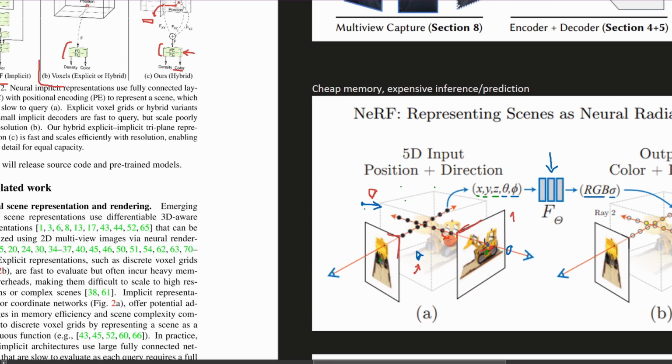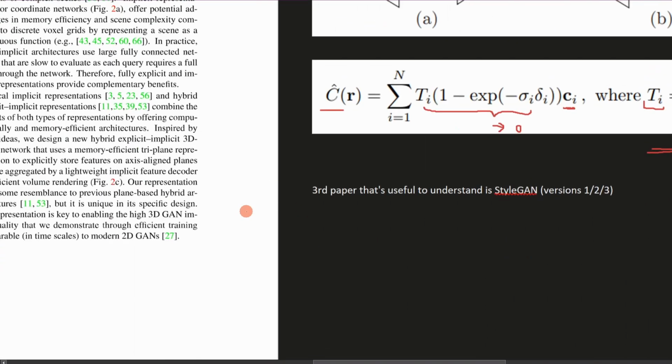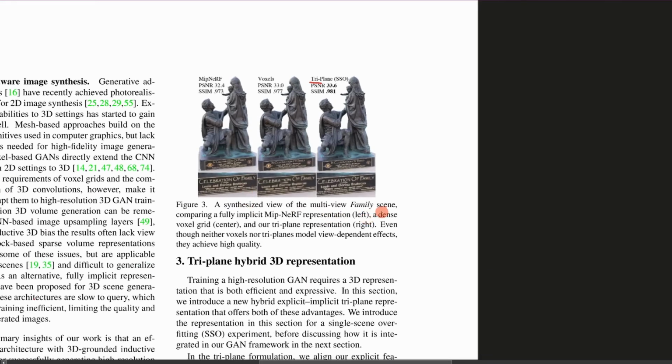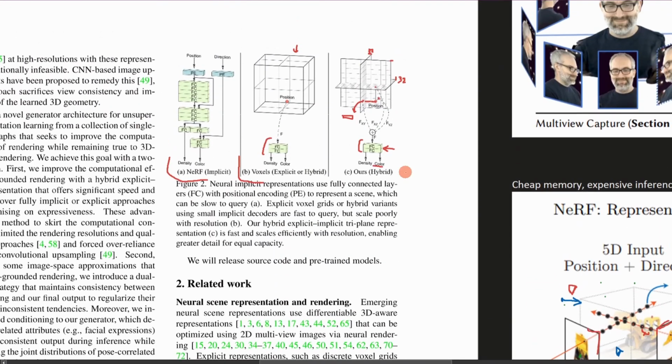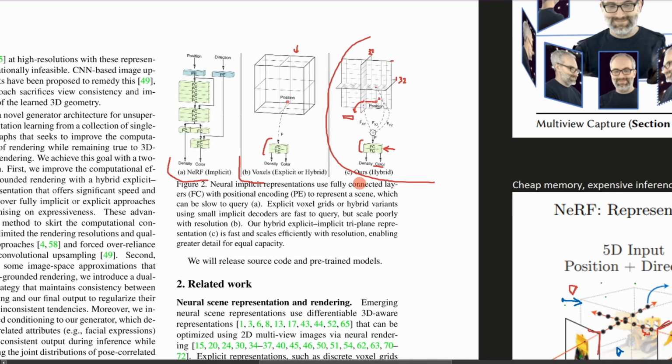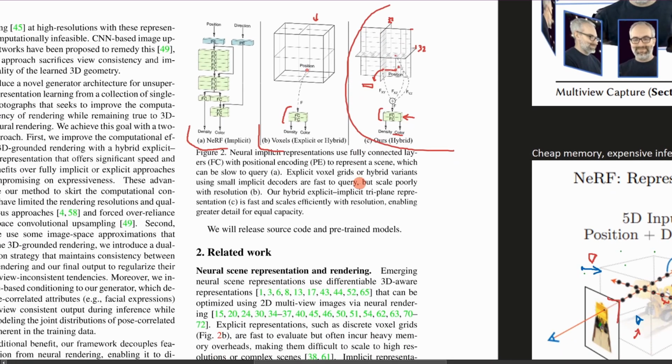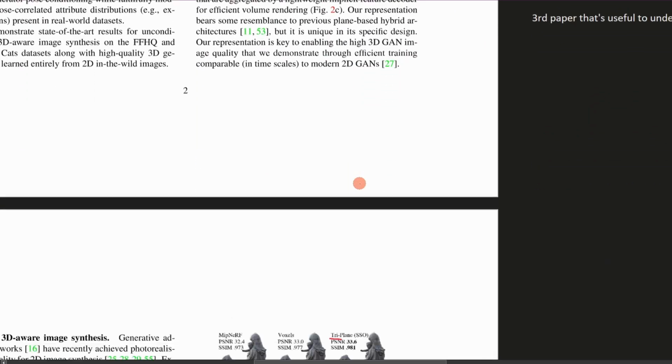So they use the same approach to train and overfit on a particular scene. In this case, they have this scene called family scene. So they train this component here the same way as you train NeRF, and they have to tweak these weights in these 3 planes. And it's going to change in the actual final model that I'm going to explain right now.